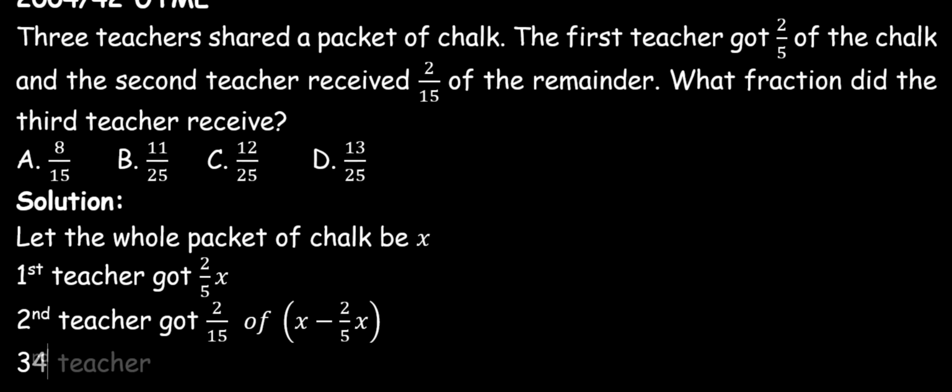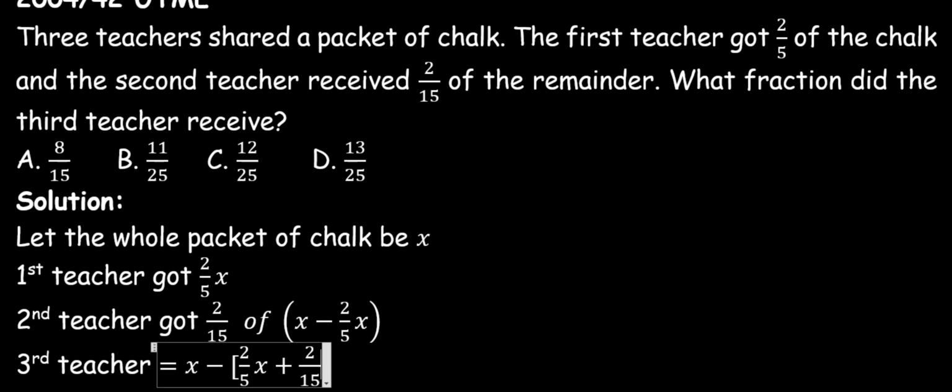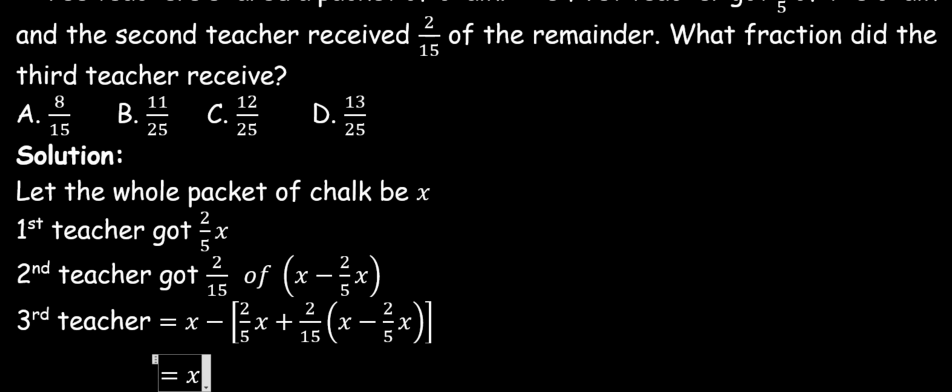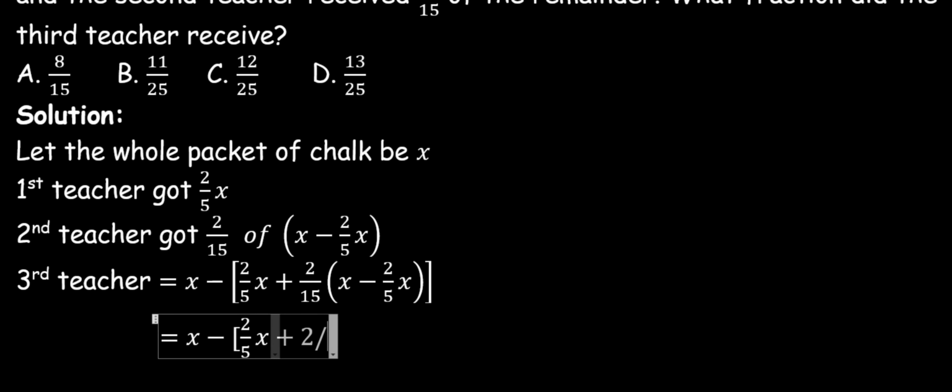Third teacher got x minus, bracket open, big bracket, 2 over 5 of x plus 2 over 15 of, bracket open, x minus 2 over 5 of x, bracket close, then big bracket is closed. We are solving the first inner bracket: x minus 2 over 5 of x will give you 3x over 5.